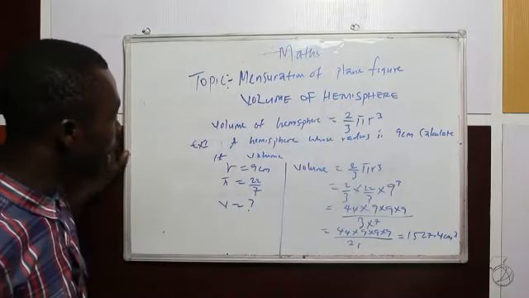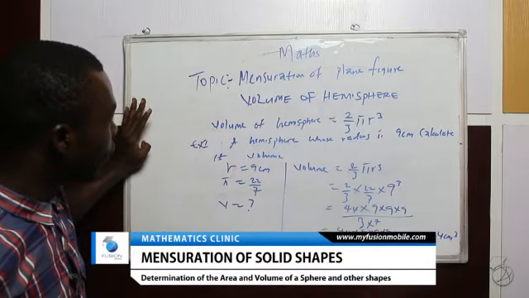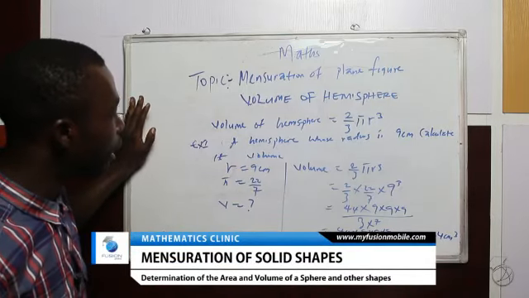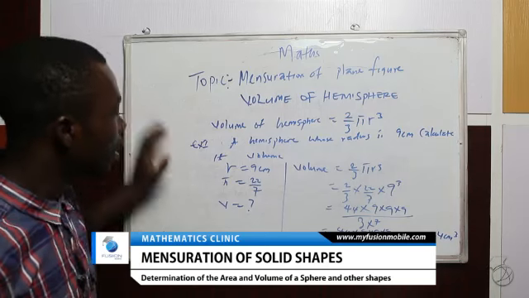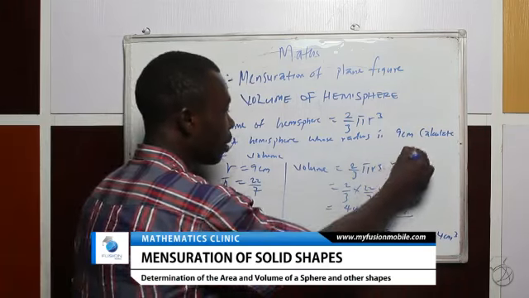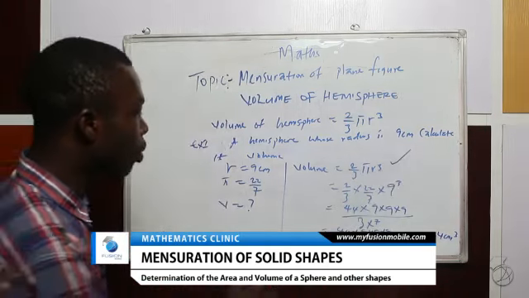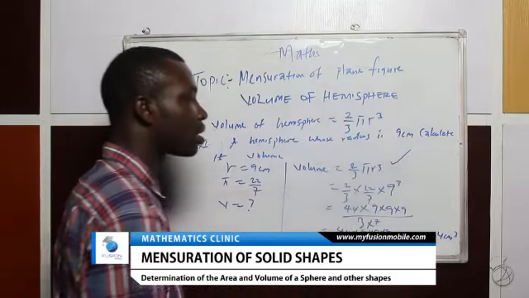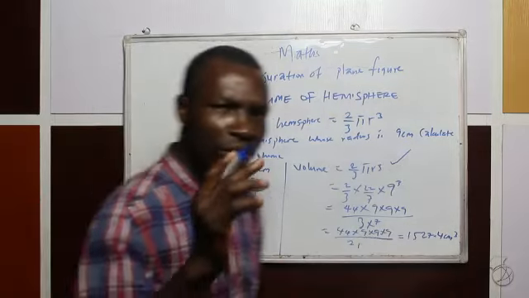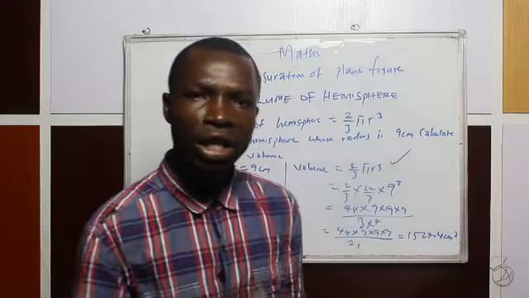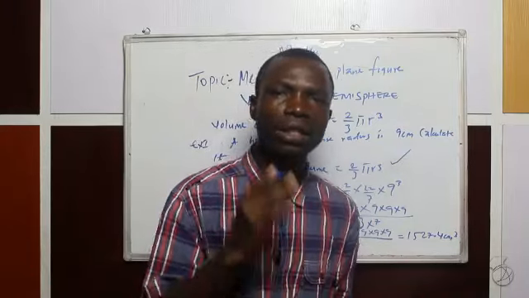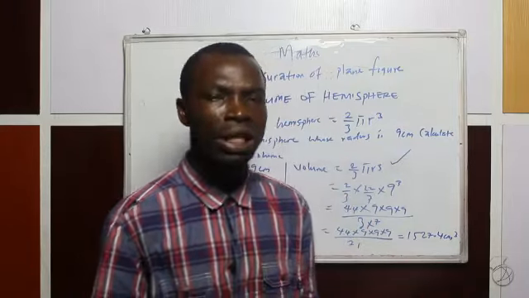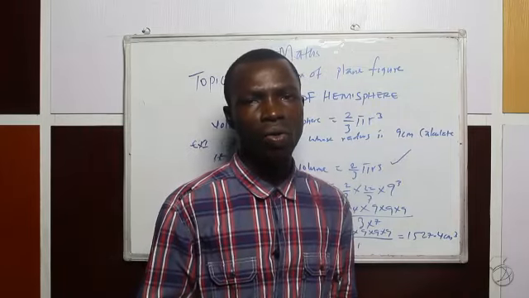Now, I'd like us to see that there is a difference between a hemisphere and a sphere. This is the formula for calculating the volume of a hemisphere. We substitute our value whose radius is 9 centimeters. I want us to remember this: if we are given a diameter, divide the diameter by 2 to get the radius of the hemisphere.